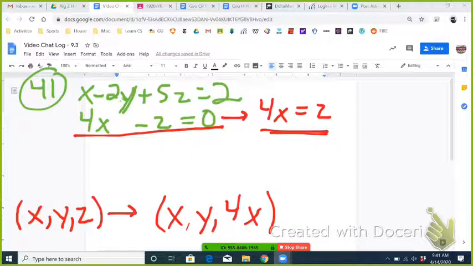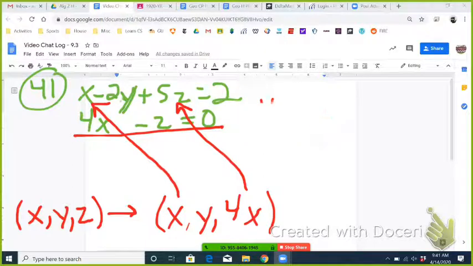Alright, so now we could take this and plug in, we already have x for x, we could plug in 4x for z, and then get y in terms of x. So now I'm going to take that top equation, and x stays as x, minus 2y plus 5 times z.